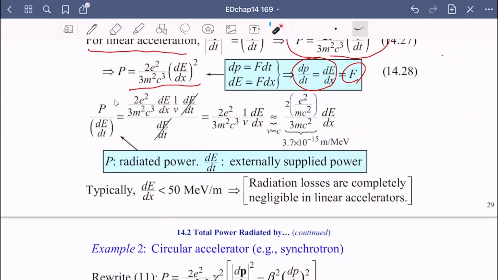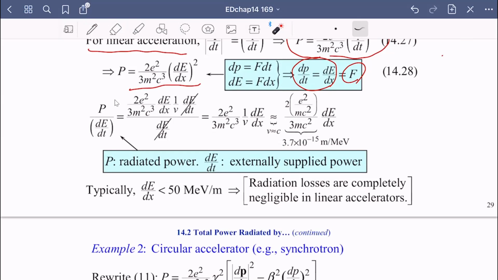So P divided by dE dt. P is the radiated power. E is externally supplied power by someone. You can change its energy. You just give it power, but it will radiate.